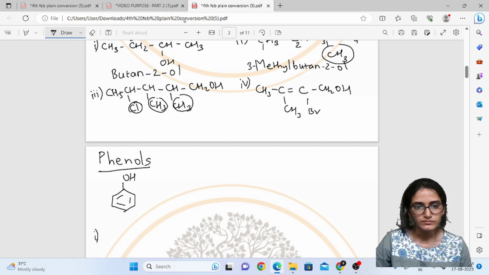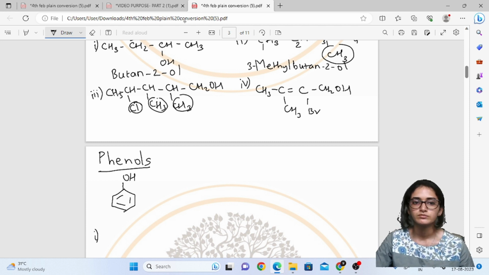Now one question comes: there are 3 substituents, so how do we write their names? First chlorine will come or first methyl will come? Here we have to write first chlorine and then we go for the methyl group.